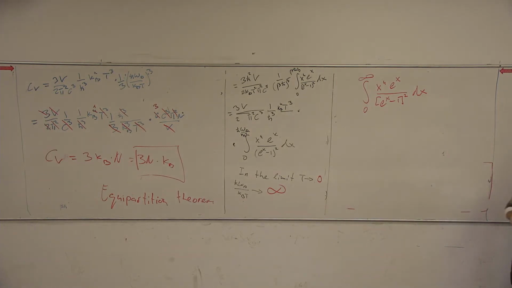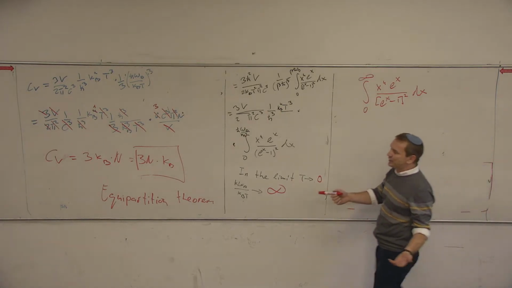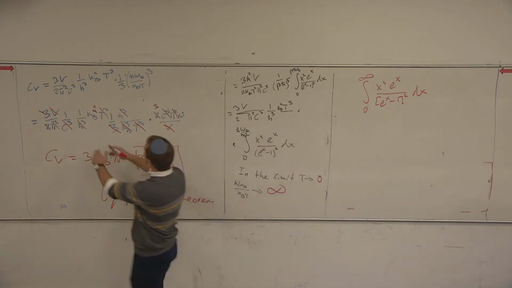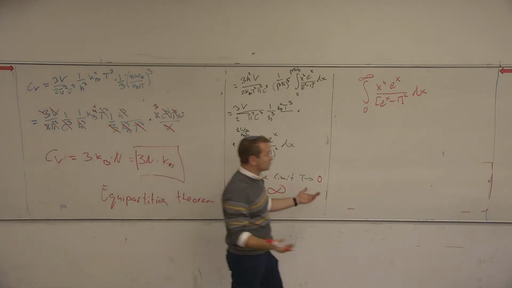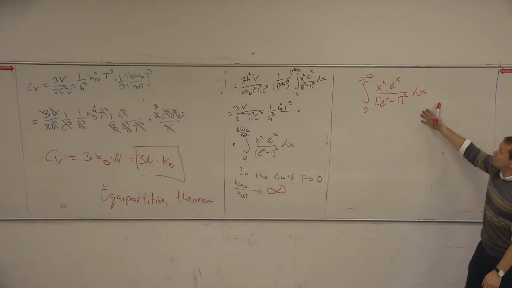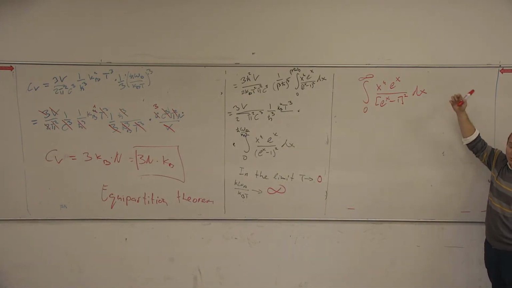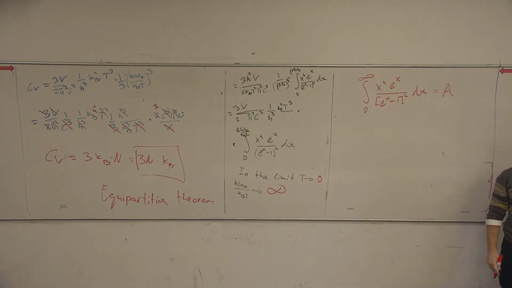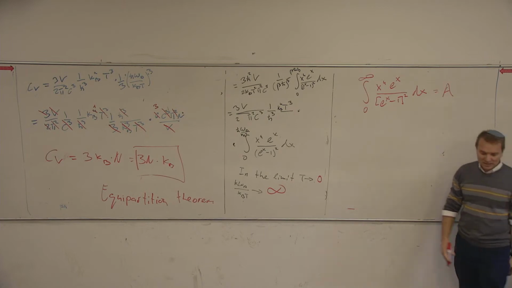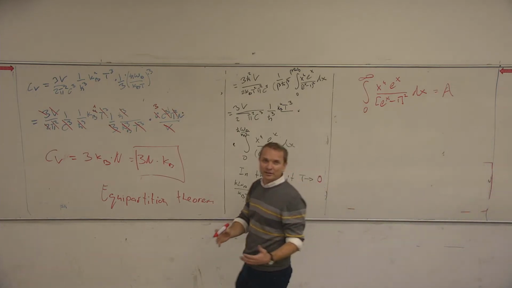And the solution of this integral is independent of x, independent of T, independent of V, independent of anything that stands inside this. It's a number. So what number? Well, use a Wolfram integrator and see whatever it equals to. But it's a number. We don't care.